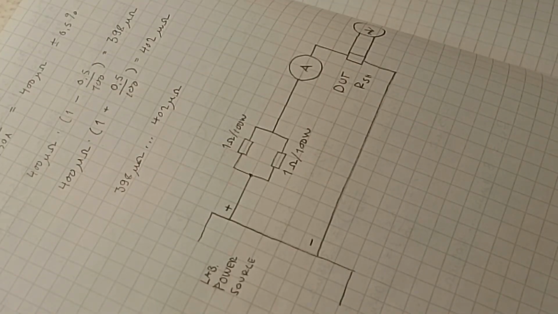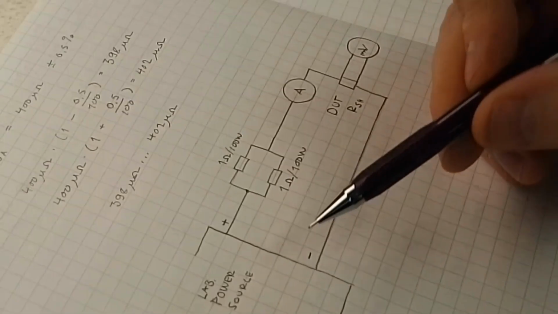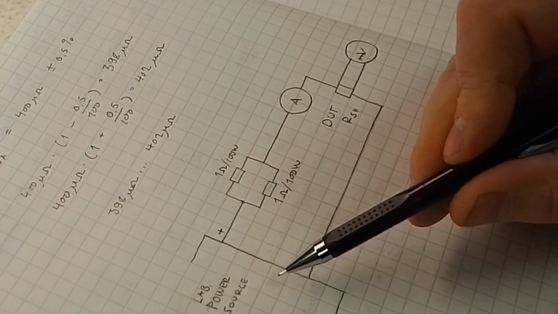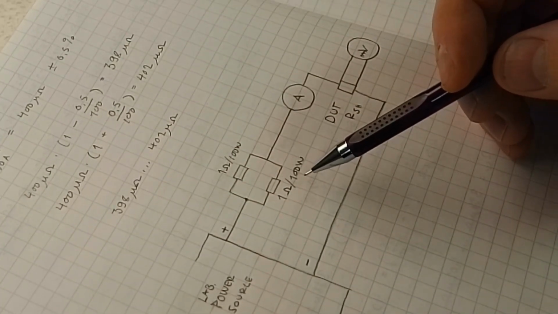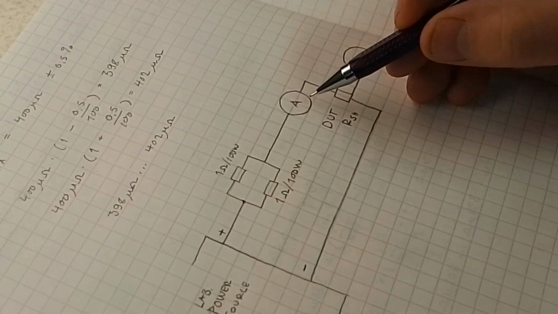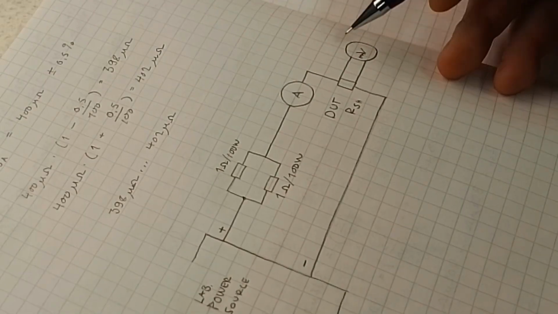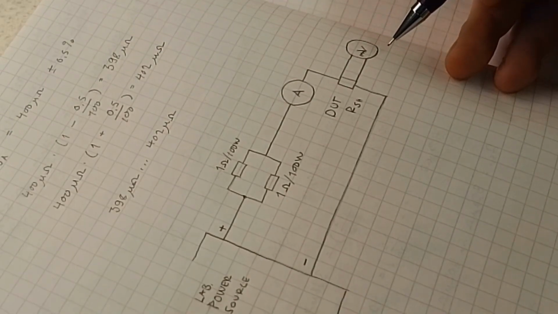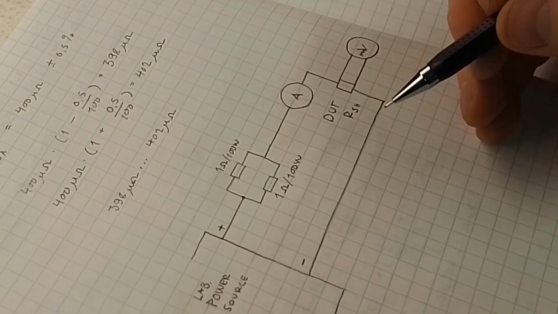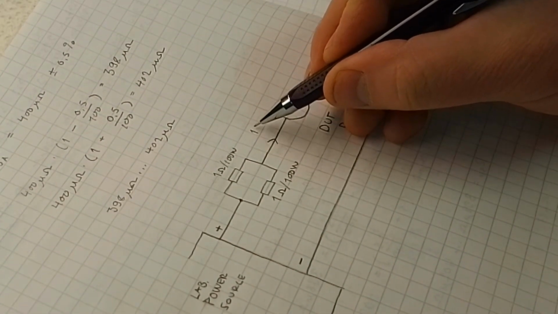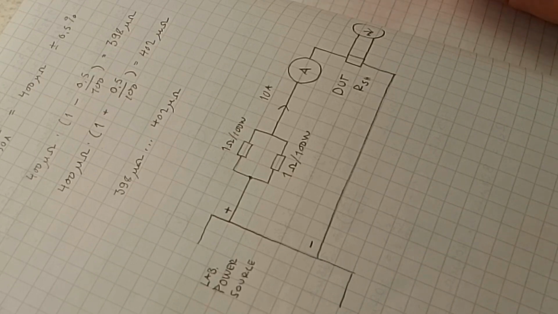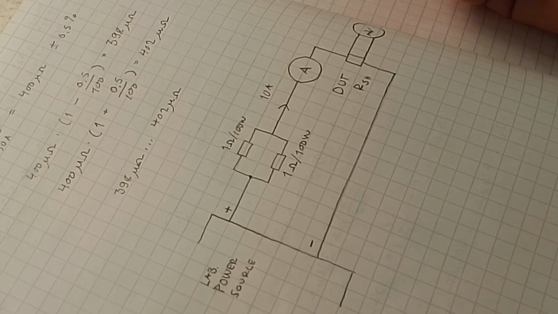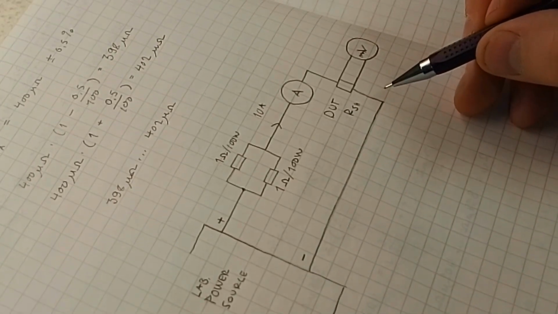The next step is making a test setup. I am using a laboratory power source, two 1 ohm 100 watt resistors in parallel, a precision ammeter and a precision millivolt meter, and I'm going to use about 10 amps current, and I'm going to measure it in both directions.